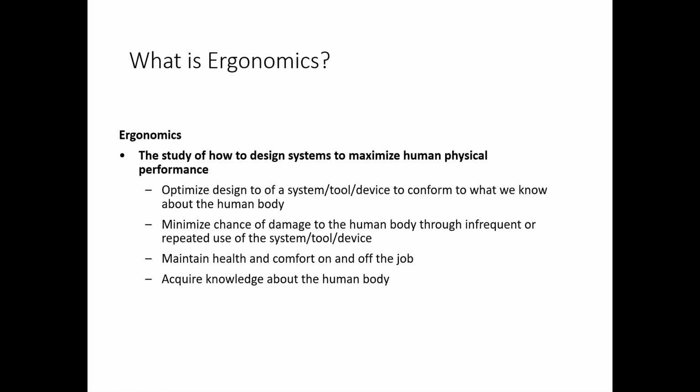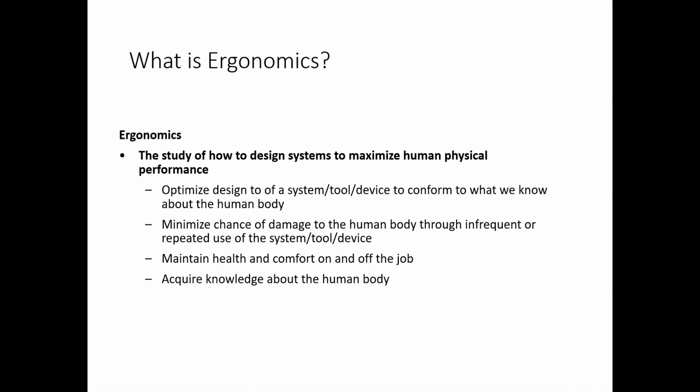So ergonomics is the study of how to design systems and maximize human physical performance. This is when you will optimize or fix the design of a system or a tool or an application or a program to conform to what we know about the human body. You minimize risk of injury.